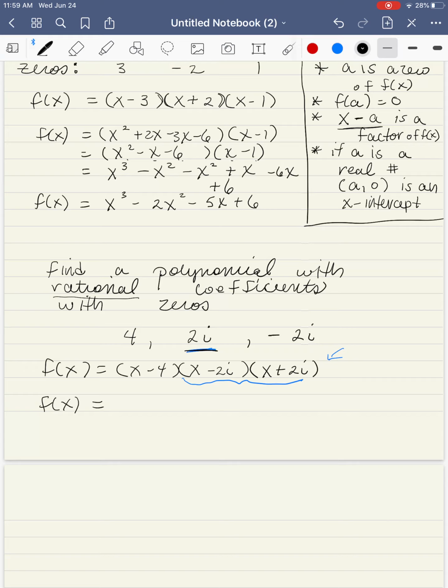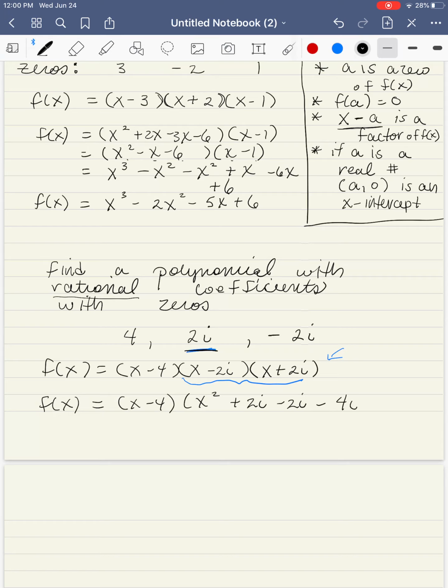But if I need to multiply it out, find the polynomial that has those three zeros, I'm going to just multiply. So I'm going to multiply the conjugate pairs first, because it's going to cancel out those imaginary numbers.